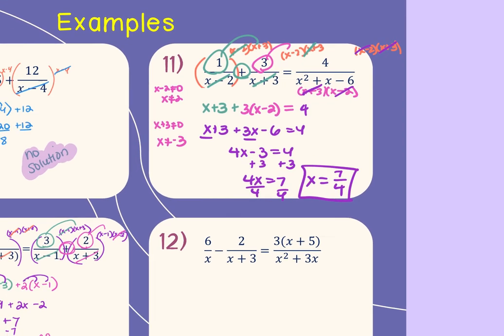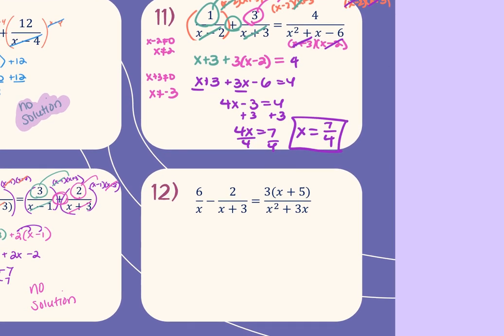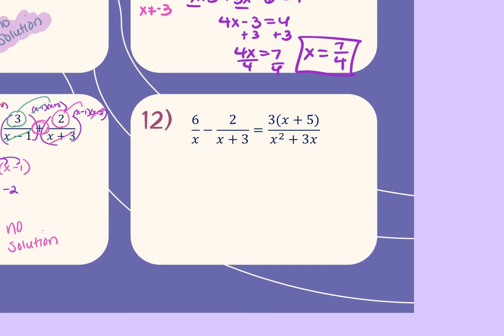Okay, good. All right, the last one, 12's got to get factored again. The last denominator, you can take out an x. So then x cannot equal 0, and x plus 3 cannot equal 0, which means x cannot equal negative 3. So my least common denominator is x, and then x plus 3, x and x plus 3, x and x plus 3.